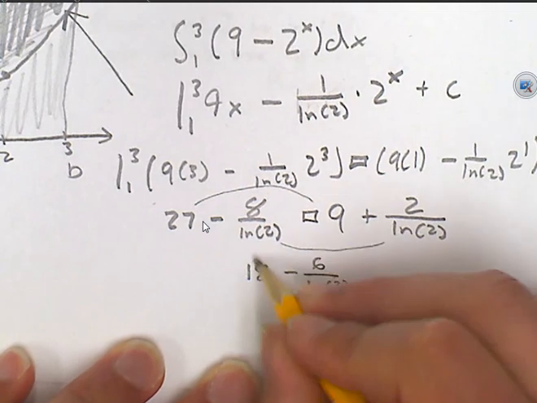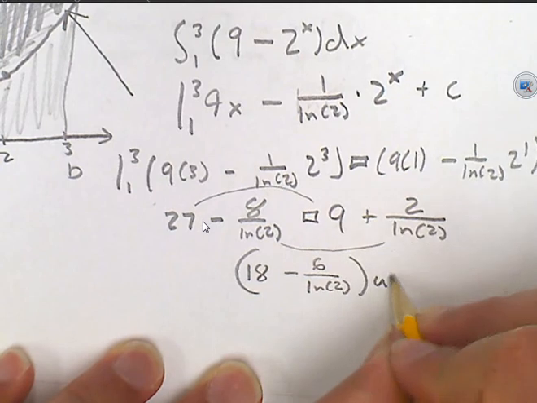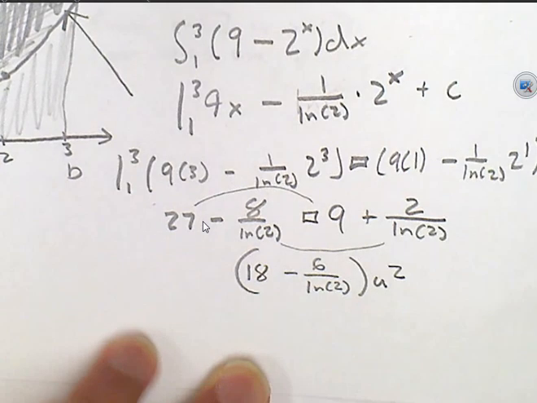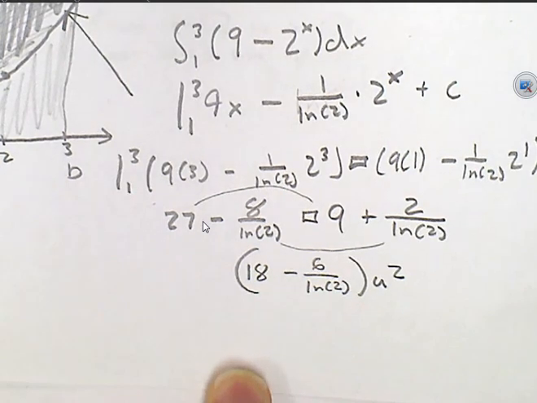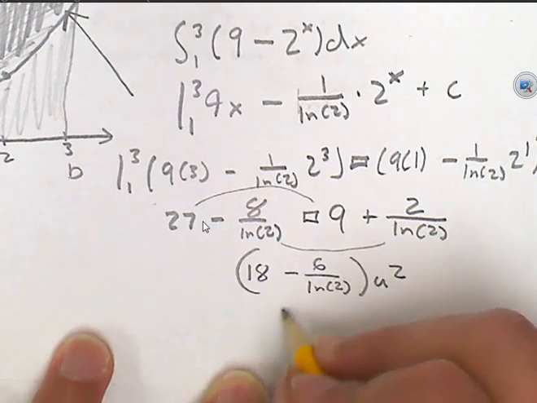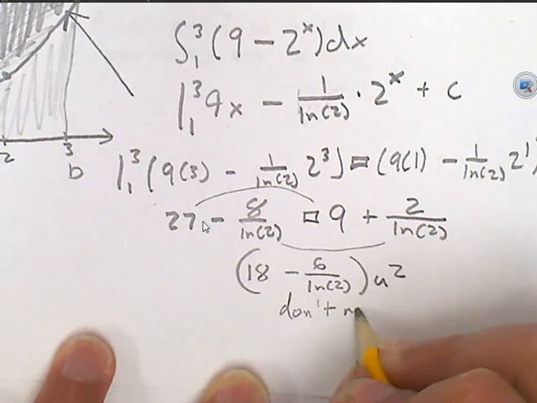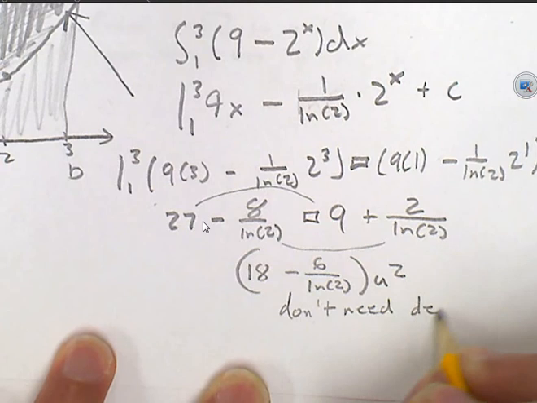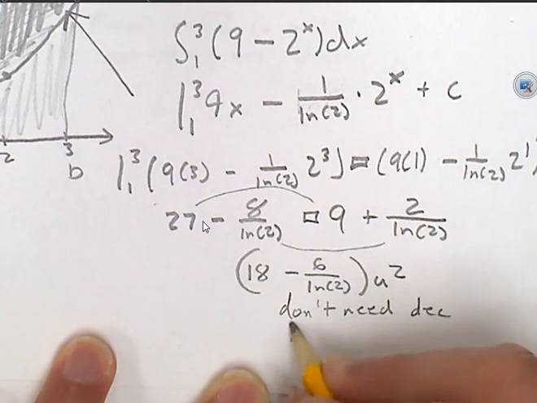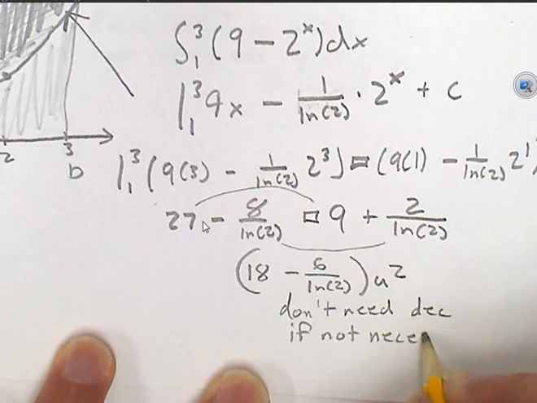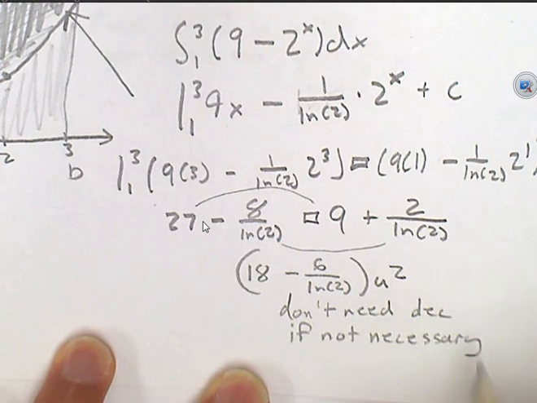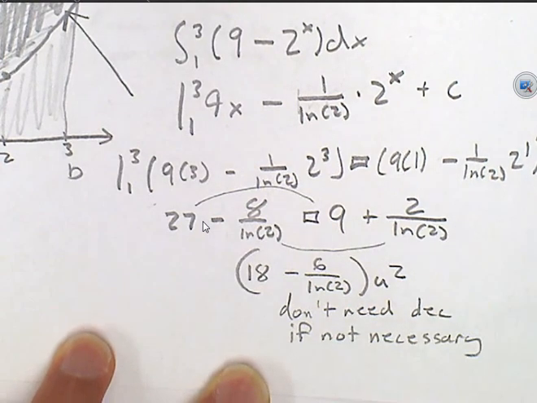I can write that as my answer, units squared. I don't need a decimal. Don't need decimals if not necessary. And that's number 2.